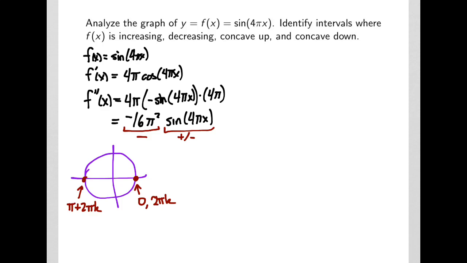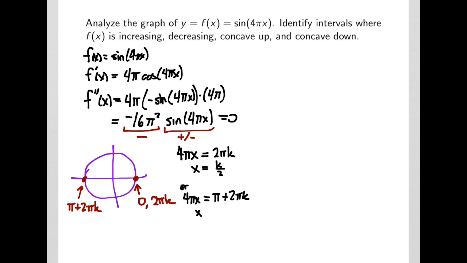So when I'm interested in my second derivative equals 0, I have my 4 pi x, that's my angle. Whatever's inside the function is going to equal either 2 pi k for the right hand side, or 4 pi x is going to equal pi plus 2 pi k. And so when I solve for x, in the top example, I'll get 2 pi over 4 pi, that'll be k over 2.